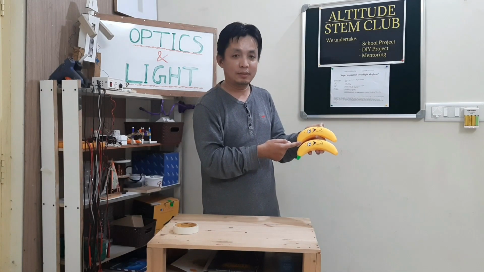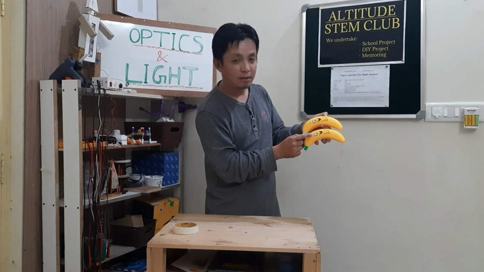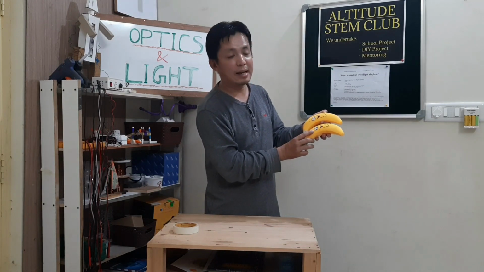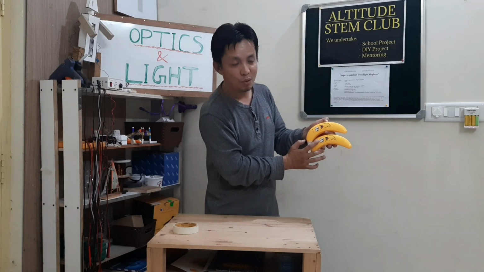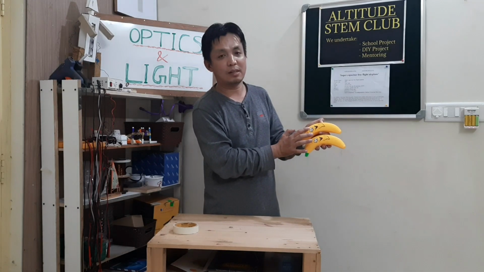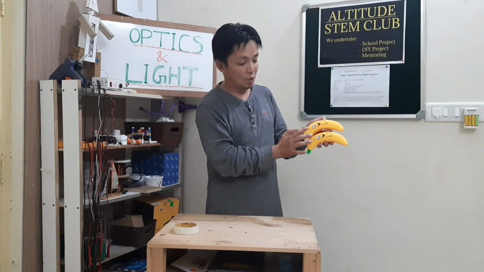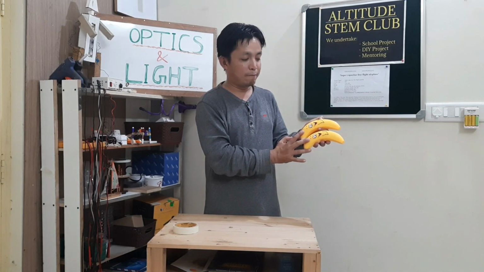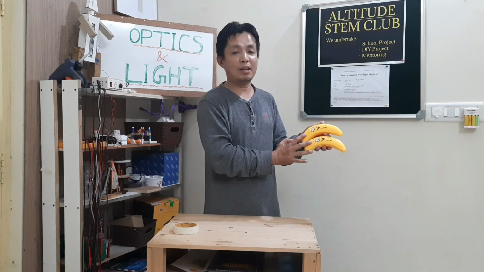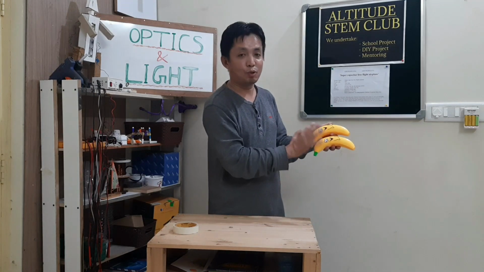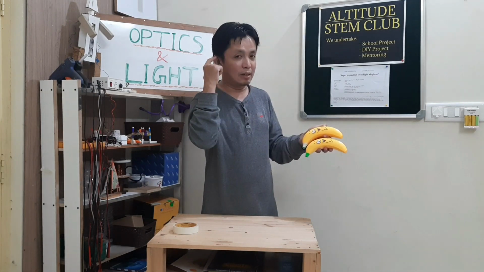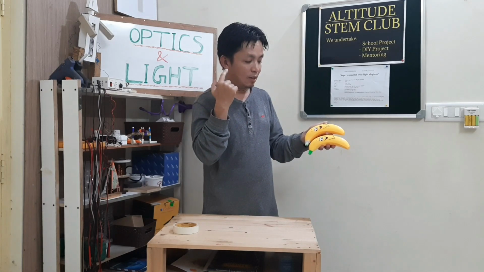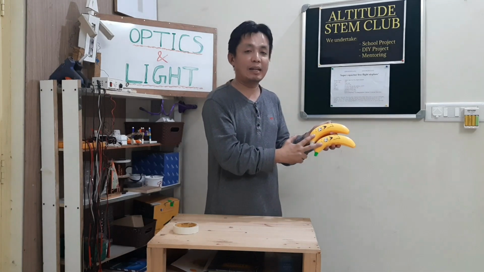Because of that, we think the one which is lower is always bigger than the one which is at the top. So the size of two same objects can appear different based on relative position, and this happens inside our brains. This is really a hypothesis.